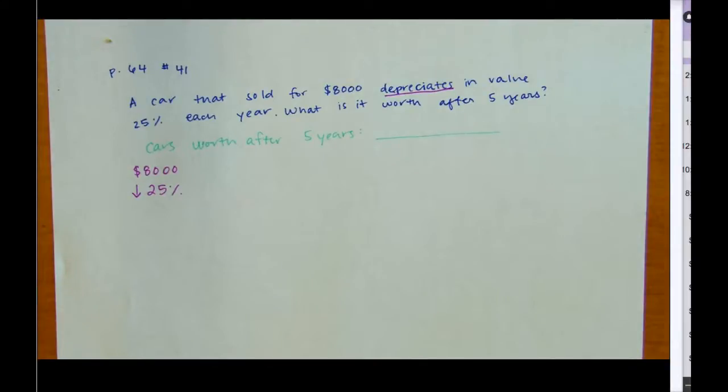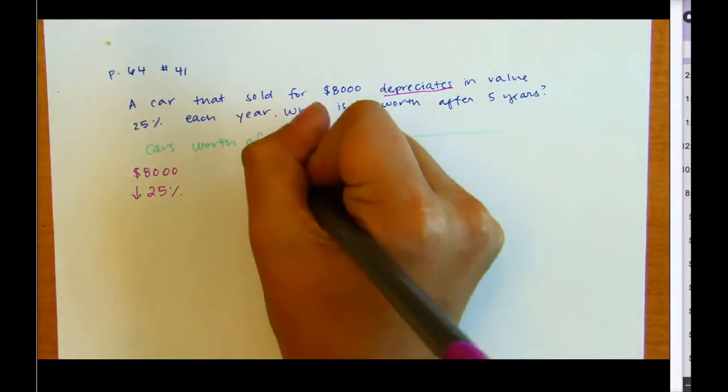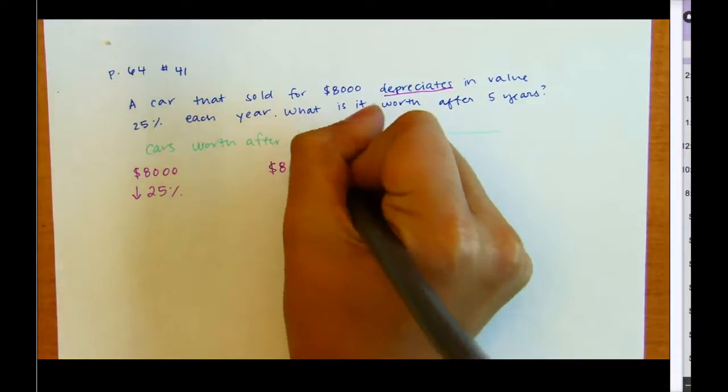Take a moment and think, what is one thing I can try to solve this problem? Maybe you said I could multiply 8,000 by 25%.